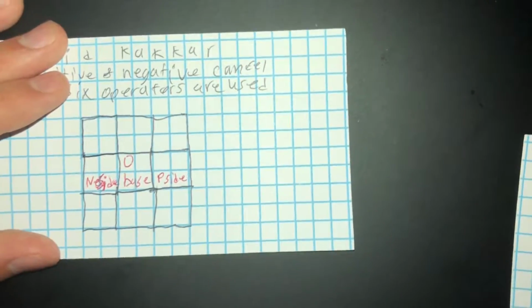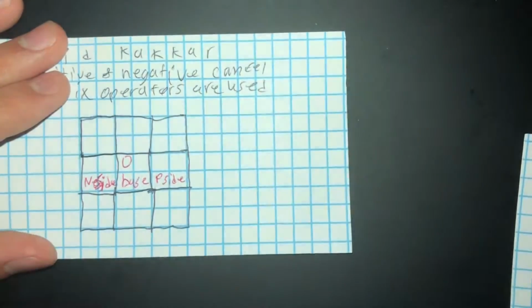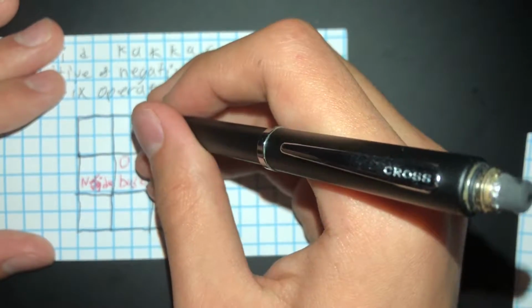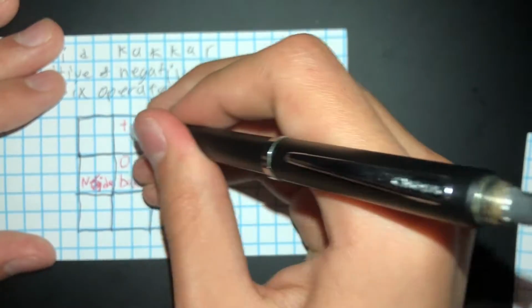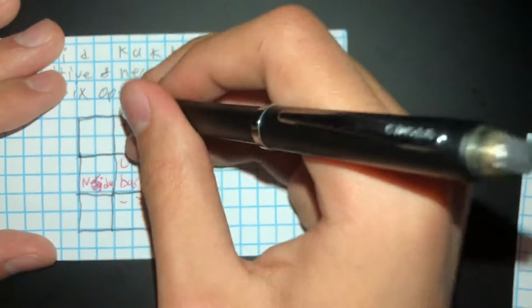And our number, we're dealing with numbers because we have to take into account both positive and negative properties of the number. So the digit we're dealing with is +2 and -2.